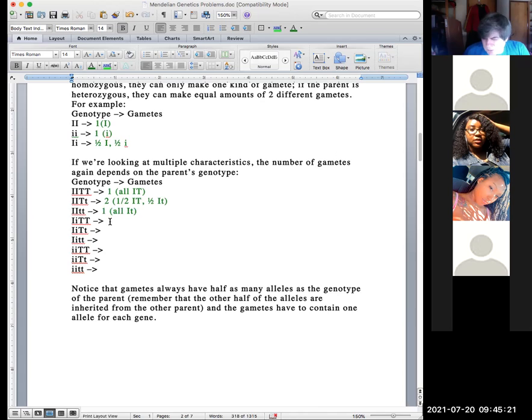Now, there is a mathematical way that you can figure out how many types of gametes somebody can make. So let's look at how we could figure this out mathematically.